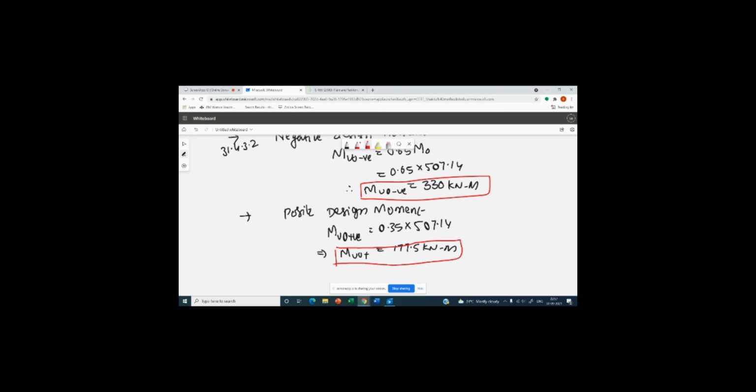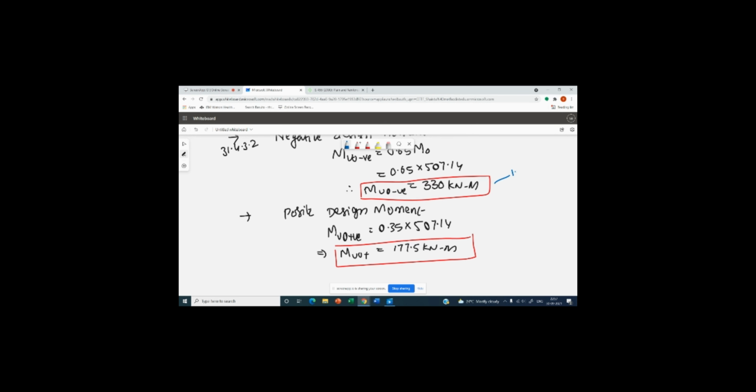So this is the positive bending moment. For this we have to design negative steel, and for the other we have to design the positive steel. But this has to be distributed across the column strip as well as the middle strip, as discussed earlier. Negative bending moment is near the supports.